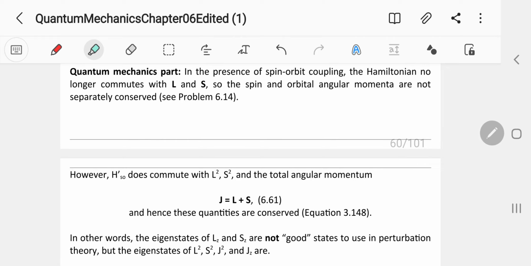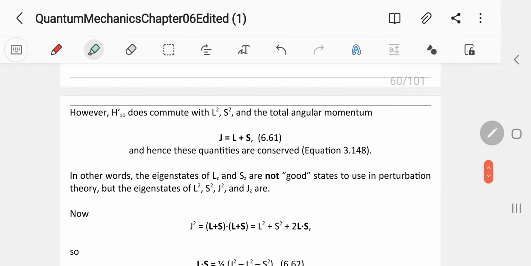So in the presence of the spin-orbit coupling, the Hamiltonian no longer commutes with L and S. So the spin and orbital angular momenta are not separately conserved. You can check problem 6.14 later on. However, HSO prime does not commute with L square and S square and the total angular momentum.